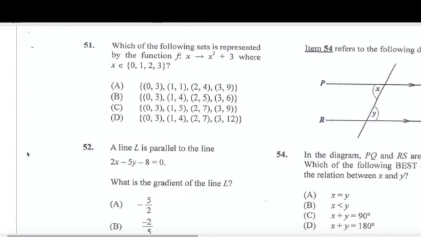Which of the following sets is represented by the function f of x is x squared plus 3, where x is an element of {0, 1, 2, 3}? So if x is 0, f of x will be 0 squared plus 3, which is 0 plus 3, which is 3. 1 plus 3 is 4.